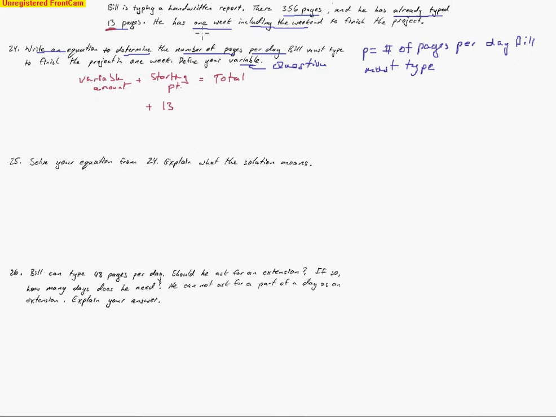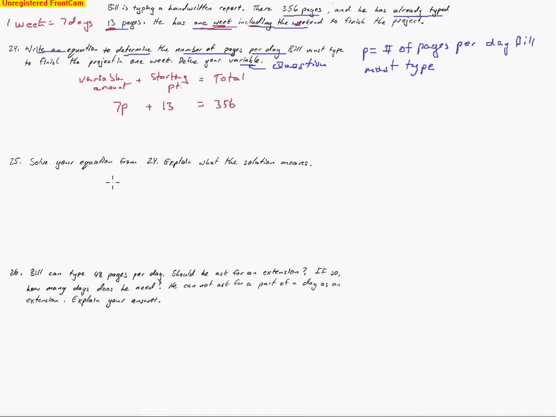My variable amount is two components. First, how many days do I have to do the project? I have 1 week including weekends, so 1 week equals 7 days. So I'm going to do 7 times the number of pages per day plus the 13 pages is going to equal the total, which was 356. So that's the first part.